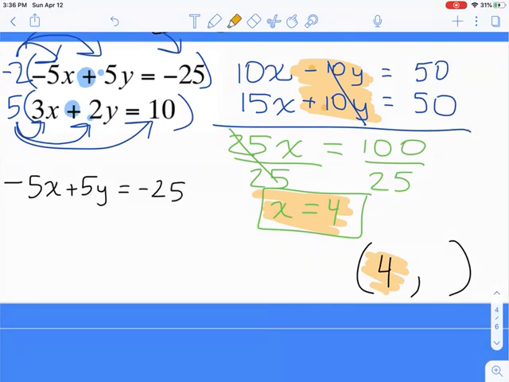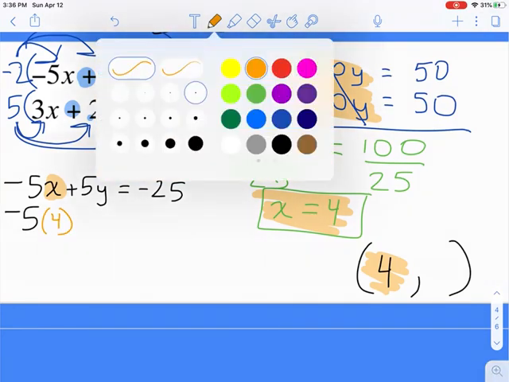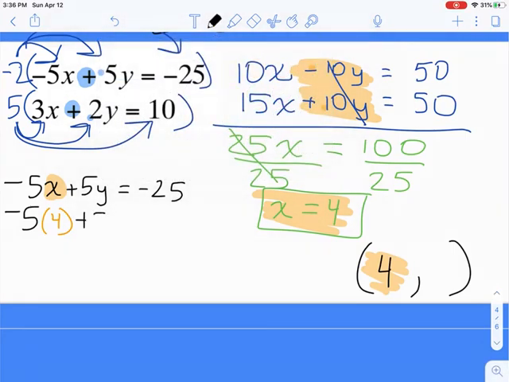So we found our x equal to 4. Now we can substitute that: negative 5 times 4 plus 5y equals negative 25. Negative 5 times 4, we get negative 20 plus 5y equals negative 25.